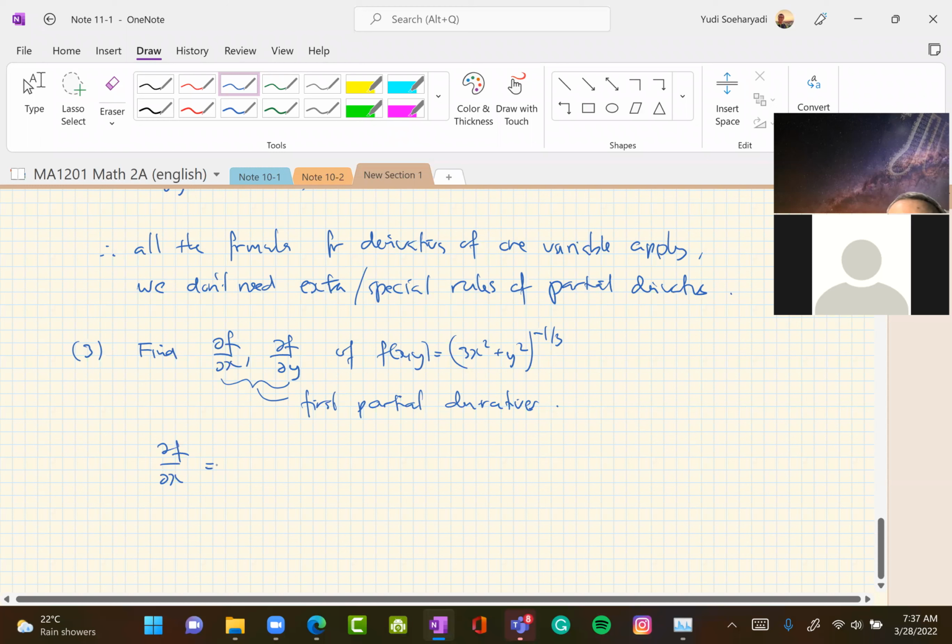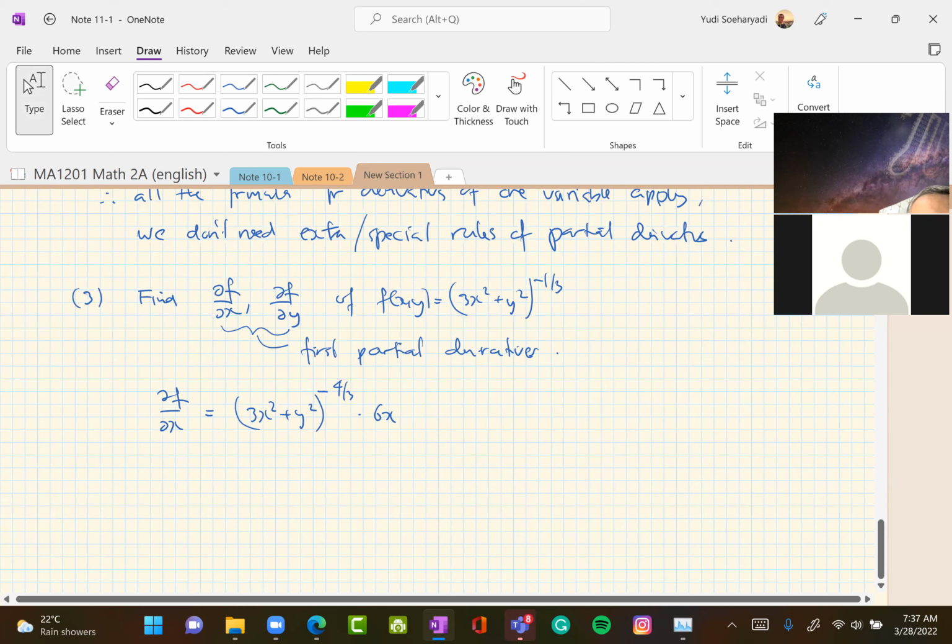This is with respect to x. You think y squared is constant. Using the power rule, the power will decrease by 1, so it becomes negative 4/3. And because of the chain rule, you multiply by the derivative of what's inside, in this case the partial derivative. So you get 6x plus y squared, that's 0. Here we go. That's the derivative.